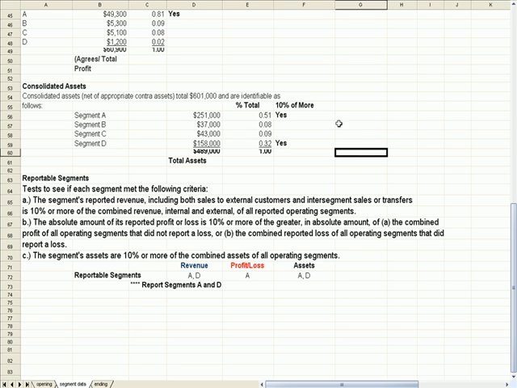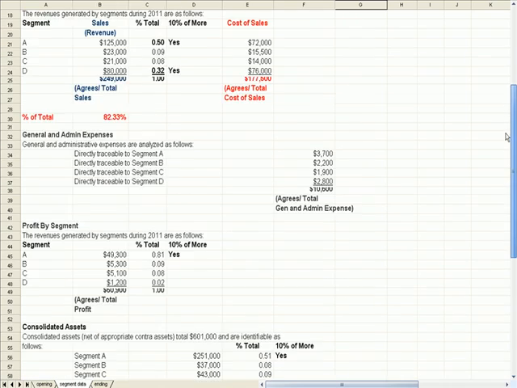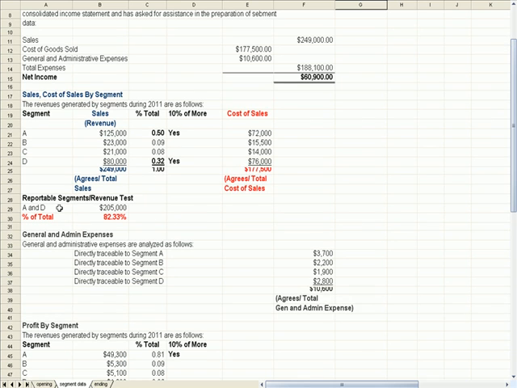There is one more thing, though, you need to consider. And this says reportable segment revenue test. Of the segments that you report, do those segments represent 75% or more of the total revenue?